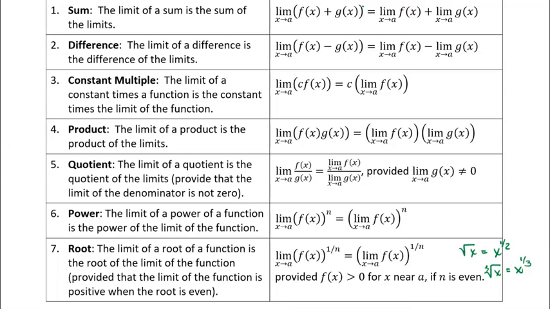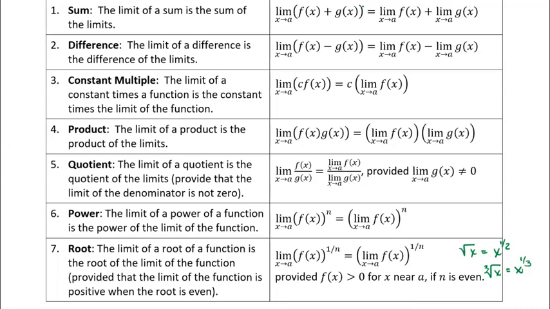And so now the trouble is that when n is even, right? So like this, we can't take the square root of a negative number, right? Same way with a 1/4 root, or 1/6 root. In any even root, we can't take the root of the negative. Now, when it's odd, it doesn't matter, right?